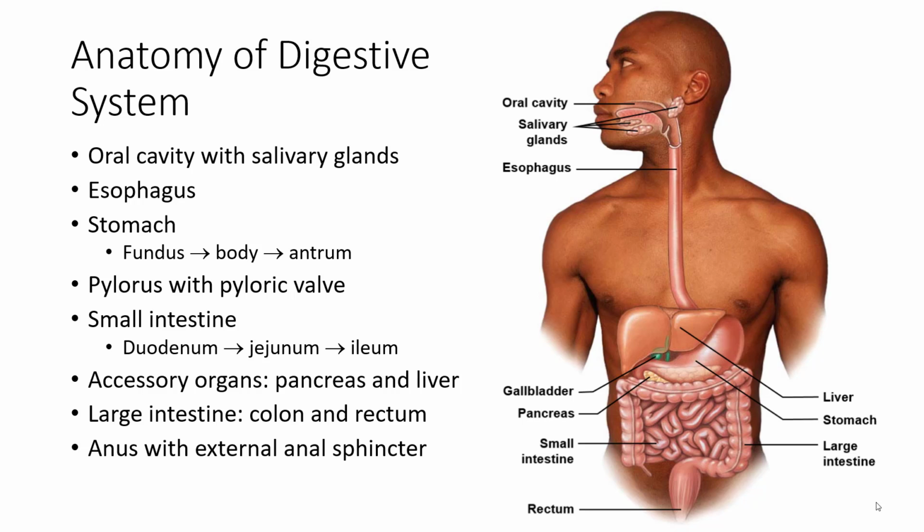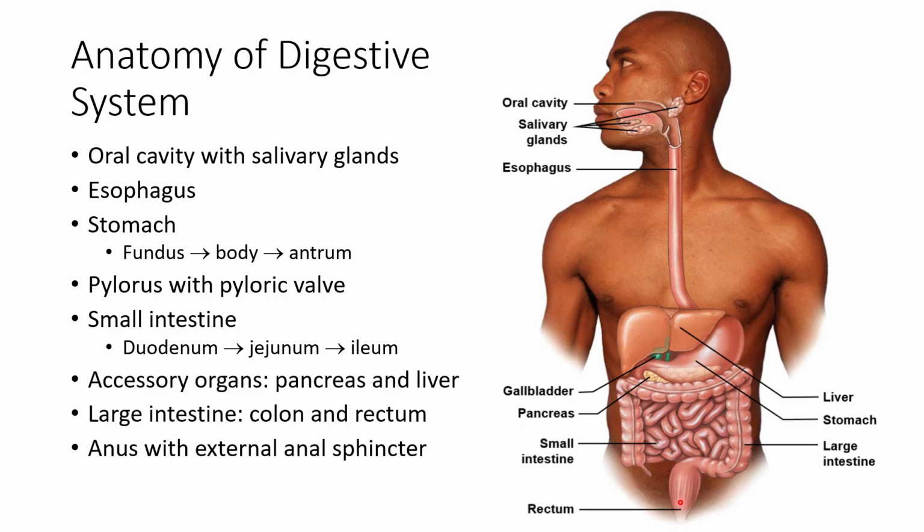Let's begin with the anatomy of the system. If we follow the track, we have first the oral cavity. We'd move into the esophagus, followed by the stomach. From the stomach, we would move into the small intestines, then to the large intestines, and then the rectum, go through the anal sphincter, and we're out.